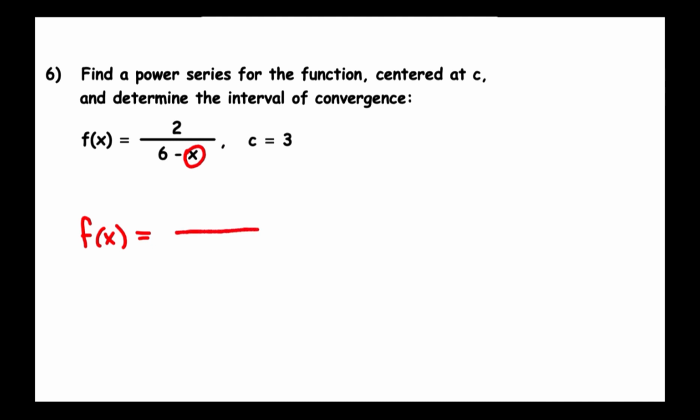So first things first, it must be centered at 3. There are no other ways to do this. I also want a minus in front of it because I want it to look like 1 minus r. How in the world am I going to make this transition? Well, I'll throw a 3 in front.